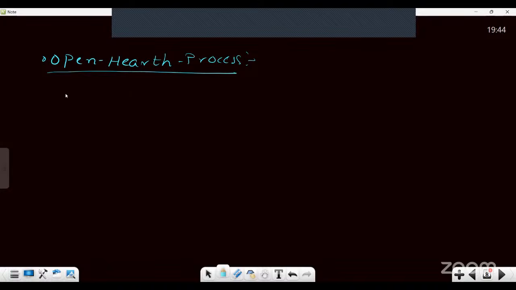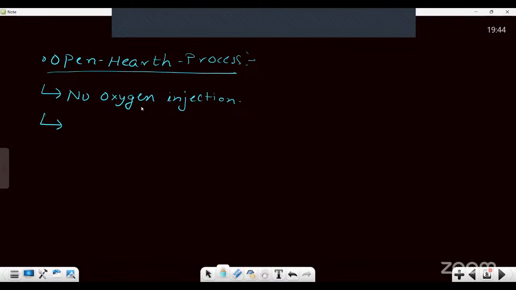Basically in the open hearth process, no oxygen injection is taking place. So we are not injecting the oxygen directly. Then you can ask, if we are not blowing oxygen or air, what is the source of the oxidation?